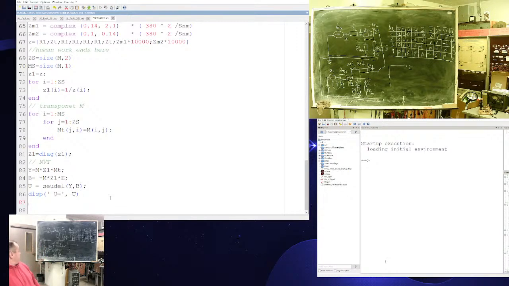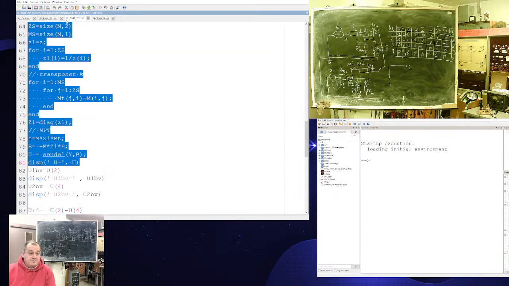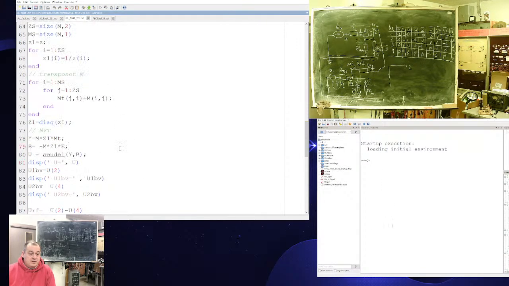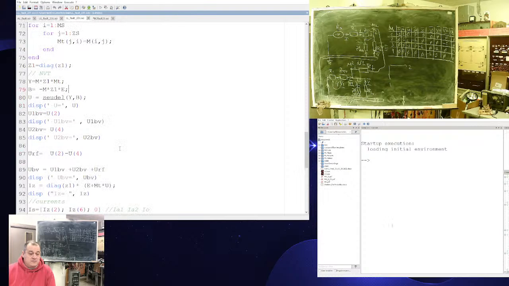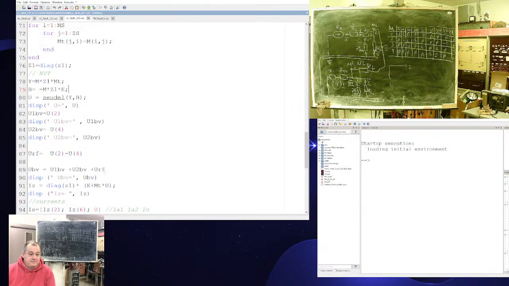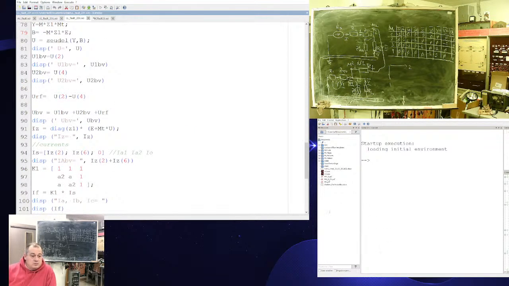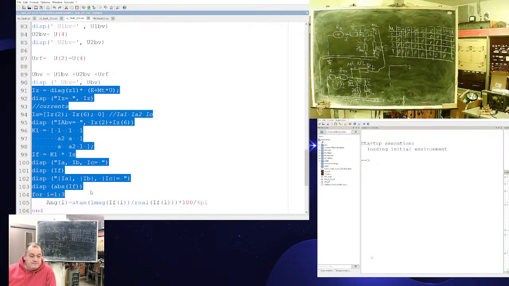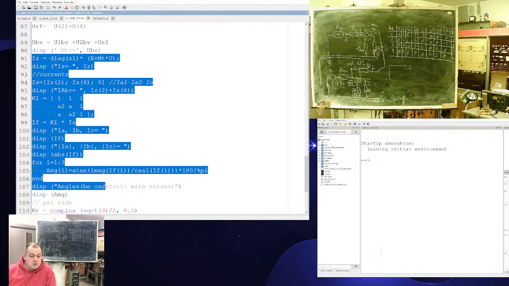Next, I don't think I need all these voltages. That's what I would like to get.